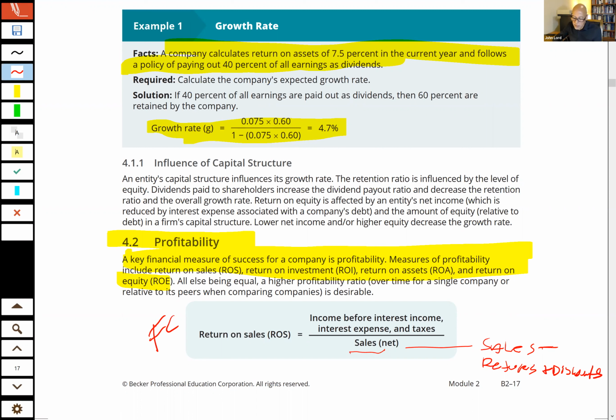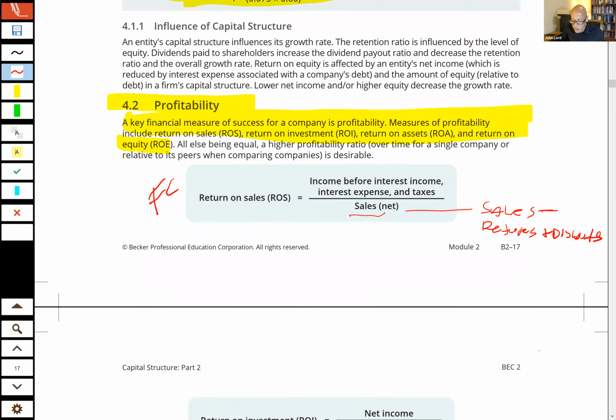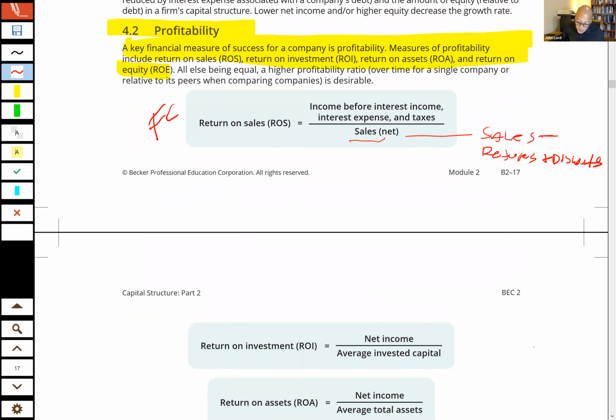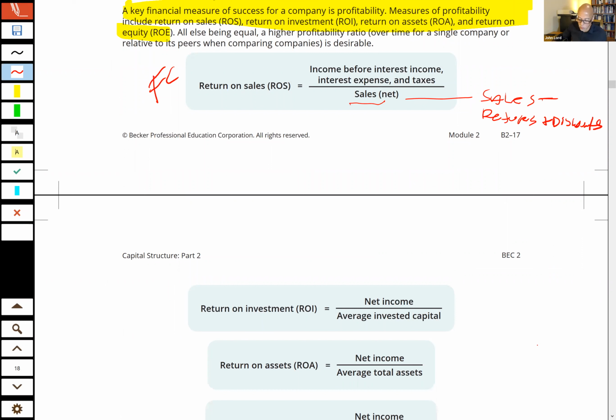So really, we're talking here about sort of our operating income, okay? We're taking interest and expenses and taxes out of our income. Or if they give us net income, then they'd have to give us what the interest items and the taxes were, and we'd have to add those back, however they would articulate that in the question.